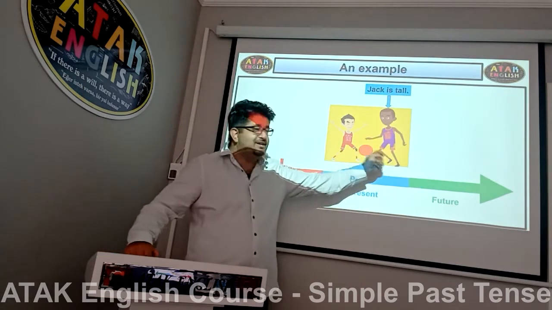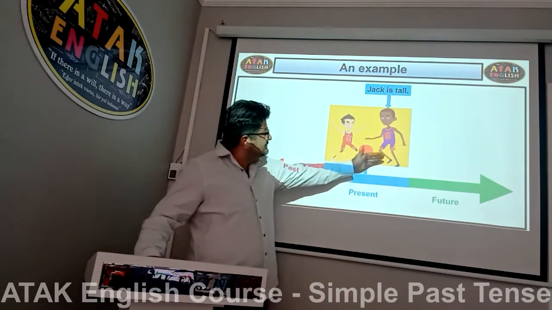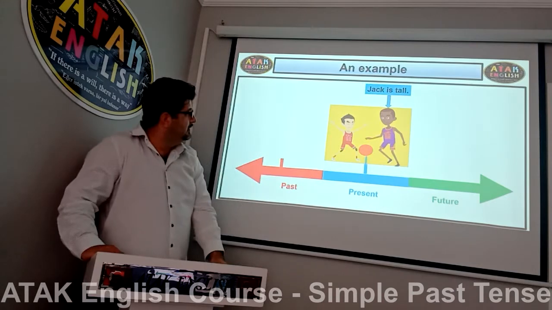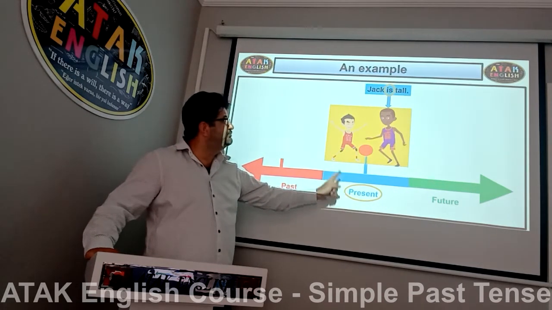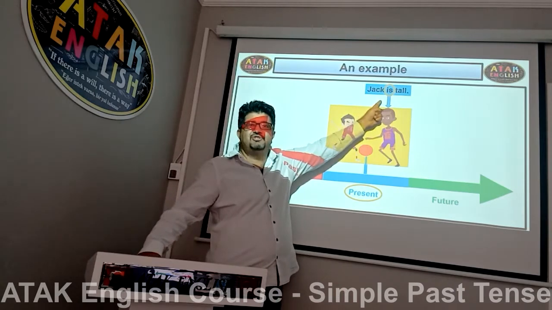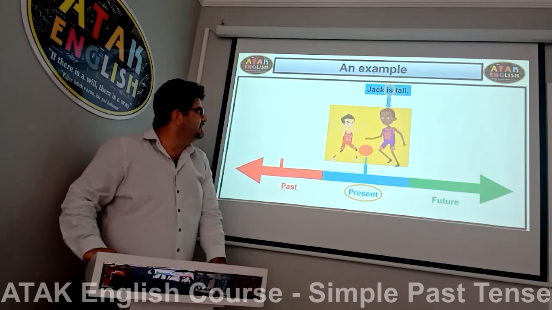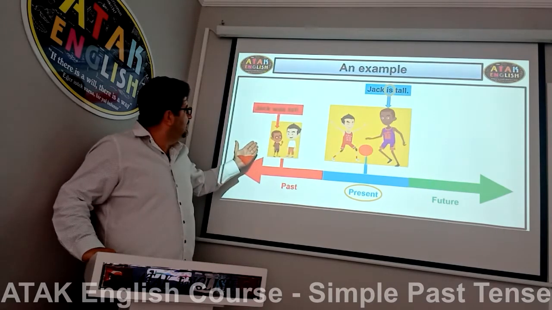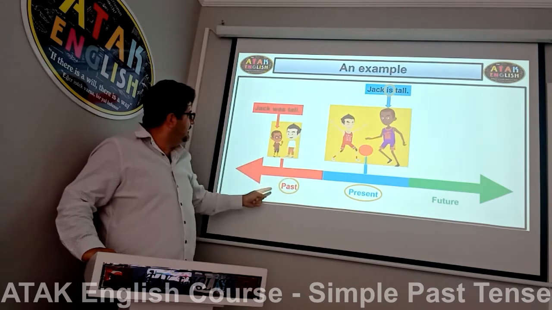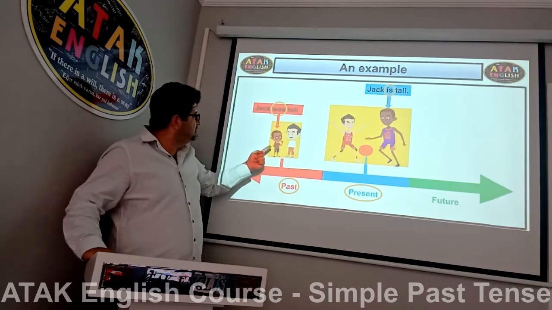His name is Jack. Jack is tall. This sentence is in present. That is why I put is right there. Here, in the past, Jack was tall.